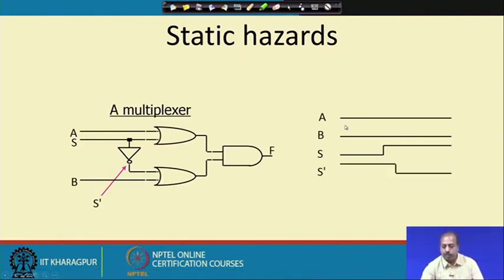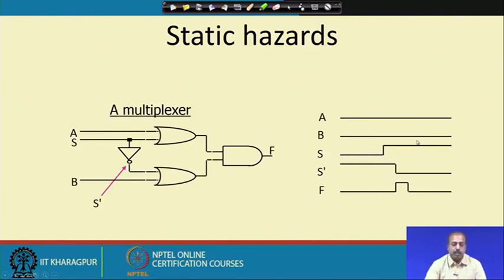So, the realization will be like this. Because of the presence of the inverter, suppose A and B both are continually at ground, and S changes its state from low to high.